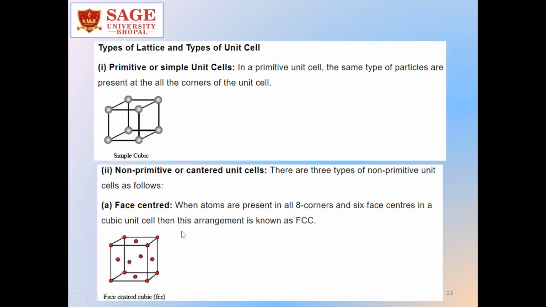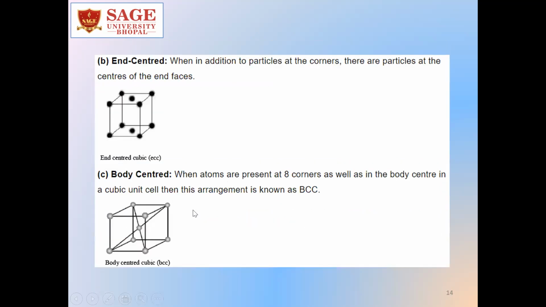Face-centered means along with all the vertices, the atoms are there on the 6 faces of the cube. So that is known as face-centered cubic lattice. When in addition to the atoms on the corner, they are at the centers of 2 end faces, that is known as end-centered or base-centered.